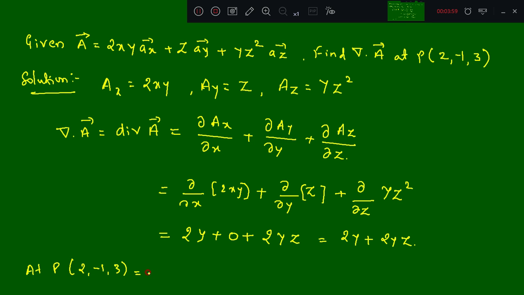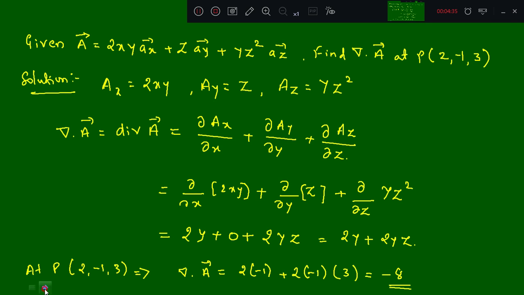When you substitute in this equation, del dot A at point P is 2 into -1 plus 2 into -1 into 3. So this becomes -8. This is a scalar quantity. Okay, so this is one problem.